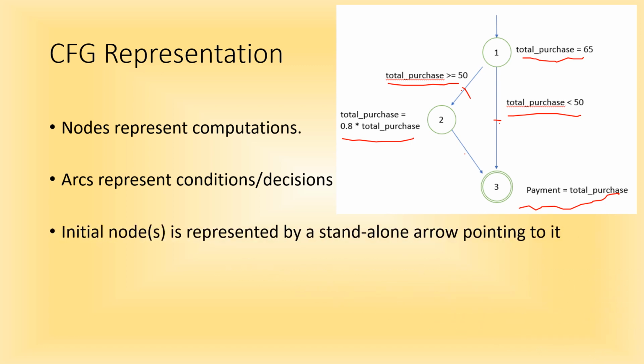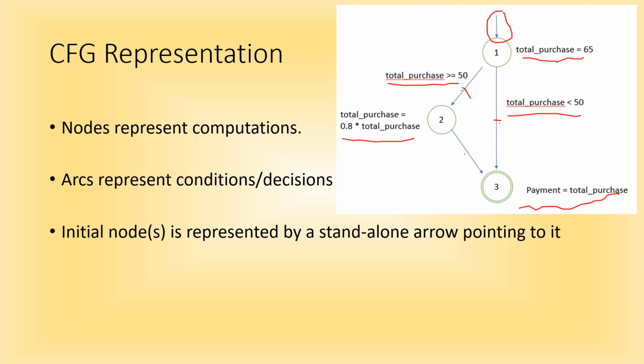And so where does our computation start from? It starts from an initial node, and the initial node is identified by an arrow that is standalone. It is not coming from any other node. For example, this arrow does not emanate from any other node.